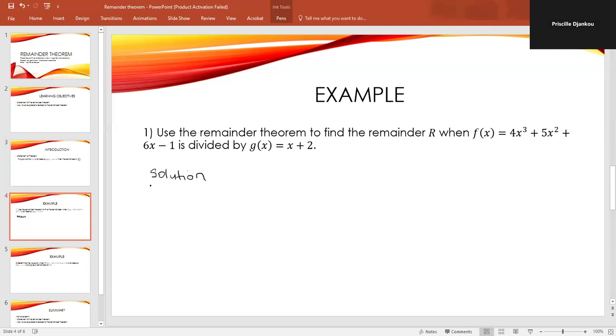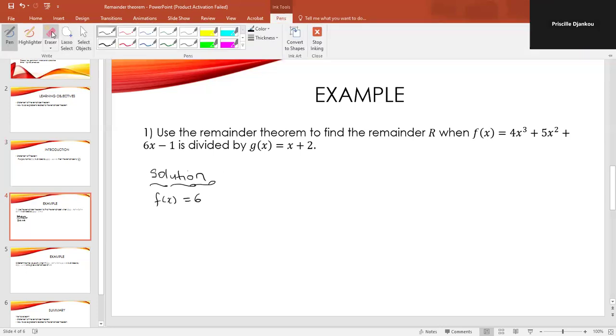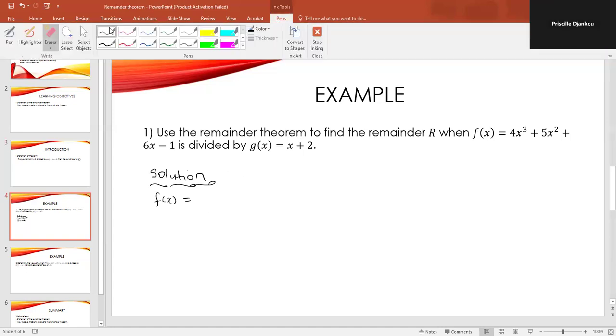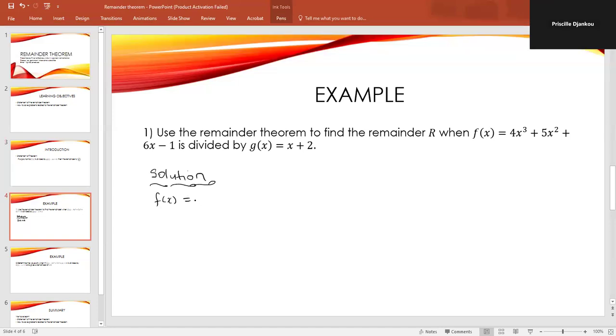You need to be able to know how to use the remainder theorem to solve this question. So we have our function, which is f of x equals 4x cubed plus 5x squared plus 6x minus 1.